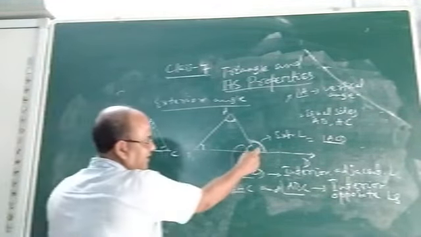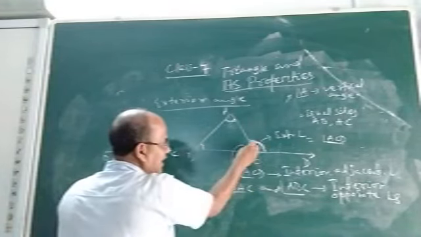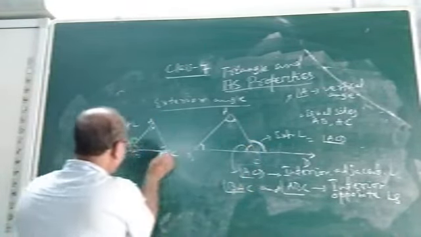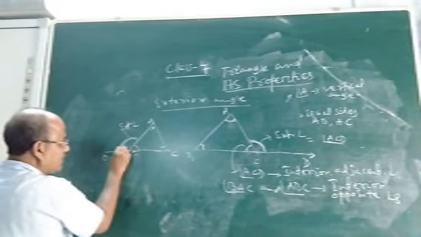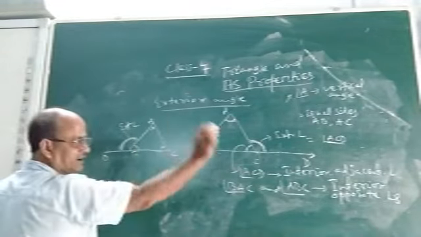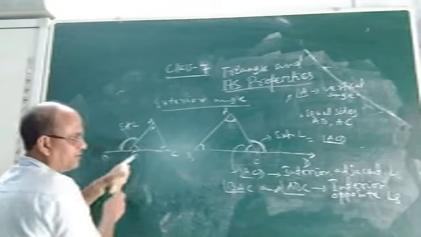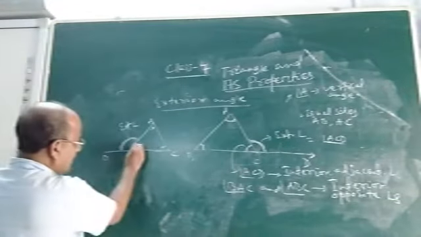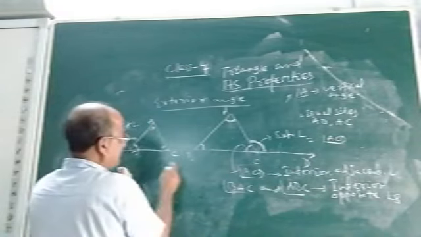Here we have produced CB in this direction up to D. So this is one exterior angle. When this is exterior, angle C and angle A are interior opposite angles. And this angle is interior adjacent.